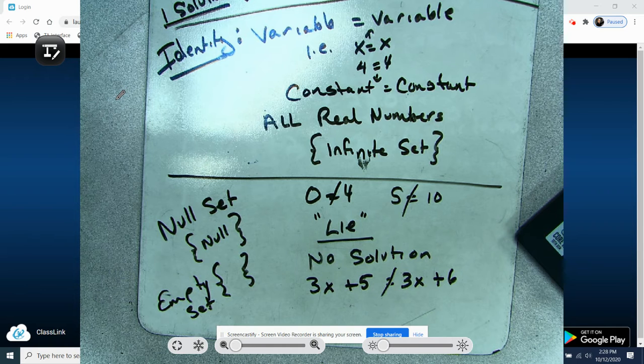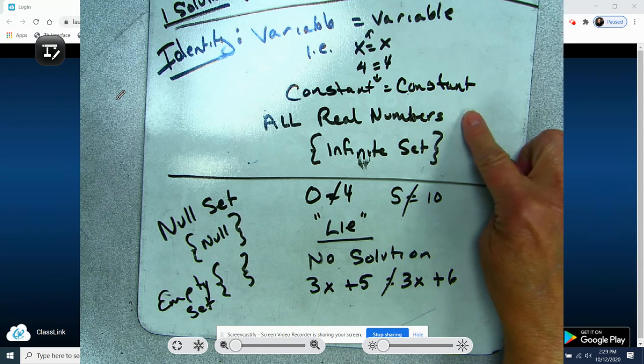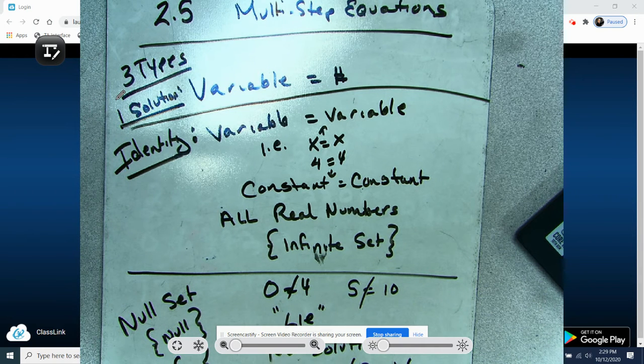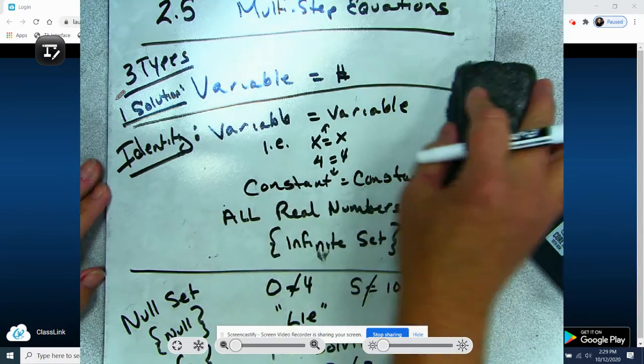Okay? The equation said it was equal, but in fact it wasn't. It's a lie. It's a null set. Empty set, no solution. Okay? So you're going to have no solution, infinite solutions are all real numbers, and then you're going to have one solution where you have x equals a number, or your variable equals a number.